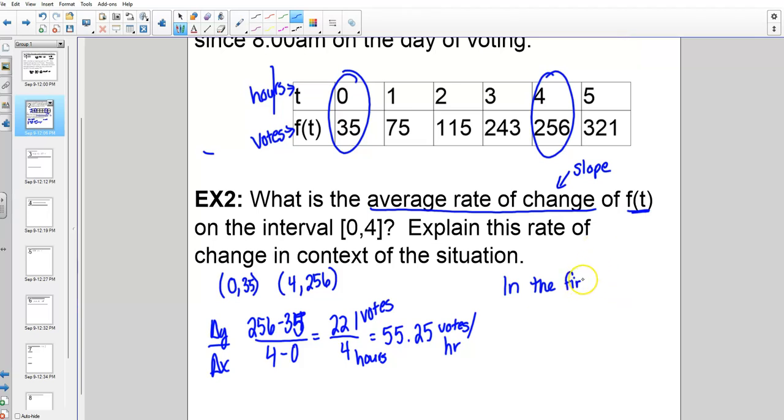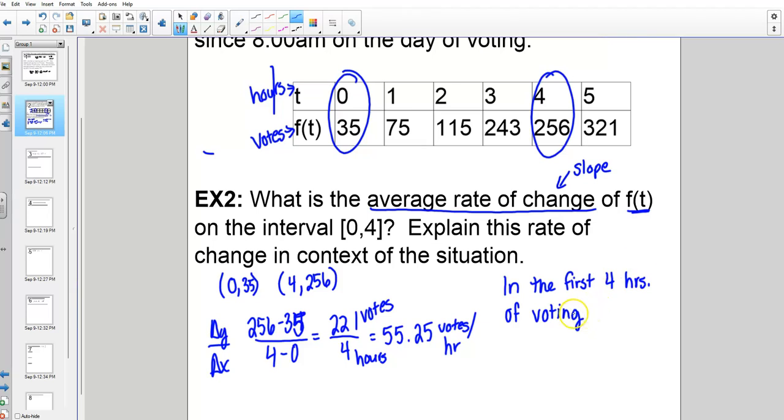So in the first 4 hours of voting, somehow you need to tell the time frame where this average is happening. That's what a lot of kids leave off, because it's not the entire time that they're voting, it's the first 4 hours.